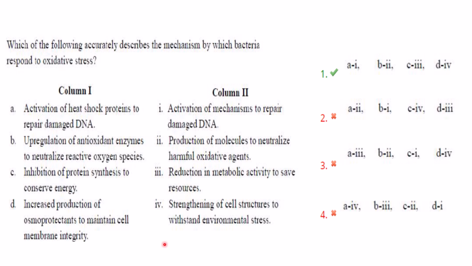Yes, it will produce trehalose, glycine betaine, all these as osmoprotectants, maintain cell membrane integrity, stabilize proteins and prevent aggregation. So strengthening of cell structures to withstand environmental stress, that is 4. So 1 is the answer.